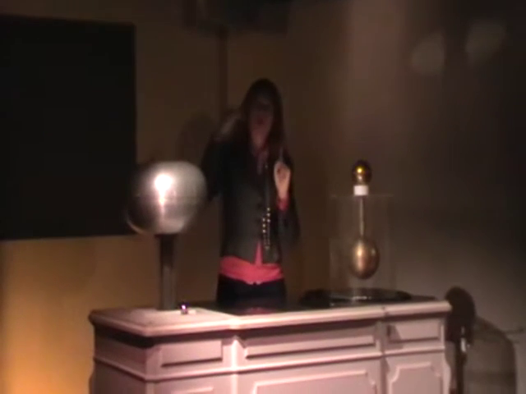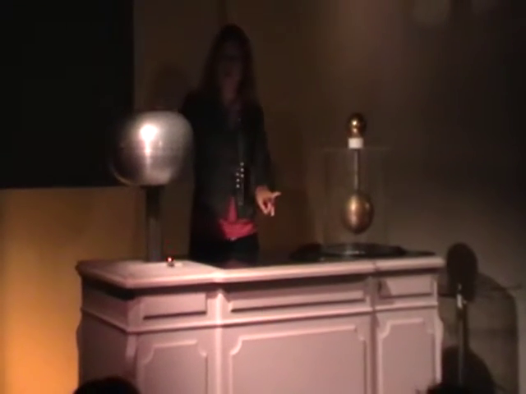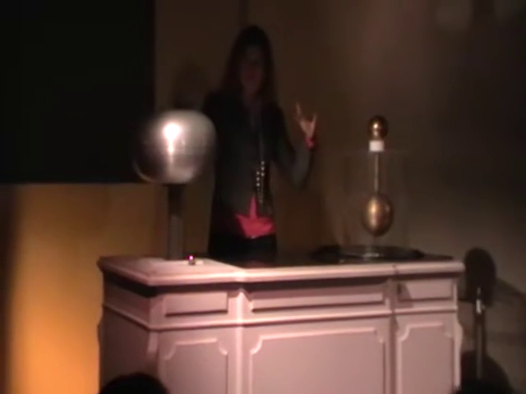Okay? So he called that the point effect. And he saw that when the lightning strikes, it strikes not the earth, but always the higher thing, a house, a tree.